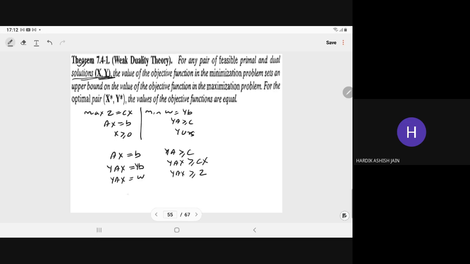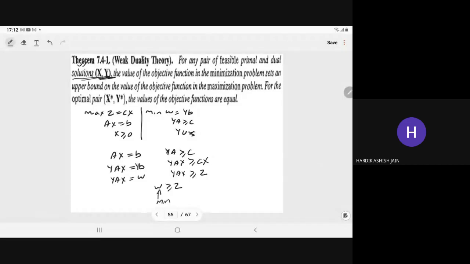So if you equate on both sides, this will give you w ≥ z, and that is what was asked: the value of the objective function in the minimization problem, minimization of w, sets an upper bound on the value of the objective function in the maximization problem.